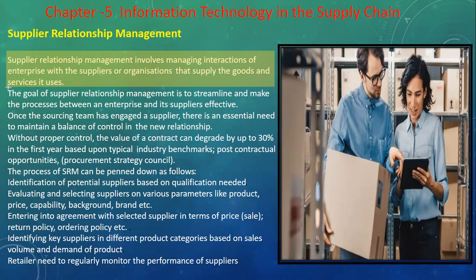The goal of supplier relationship management is to streamline the process between the enterprise and the supplier effectively. The main goal concerns the manufacturer and the supplier. You have to understand and streamline the process at the strategic level.